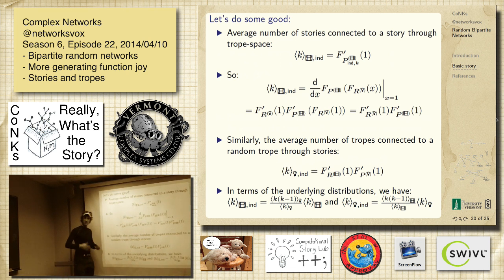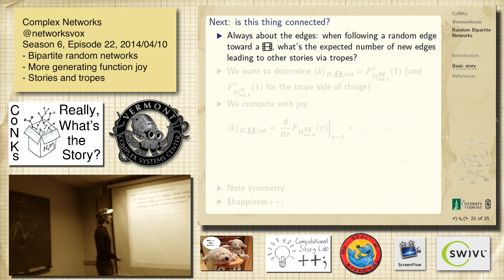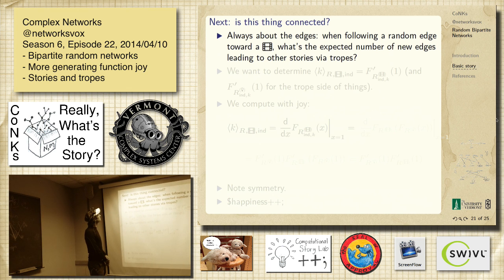So then that gives you the average number of stories that it's connected to. Right? So it has 13 tropes. Each trope gets a gain factor of 3 going back up the other way. So on average, you have 39 stories you're connected to. Believable? Okay.